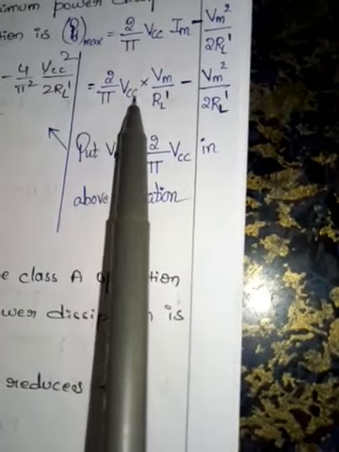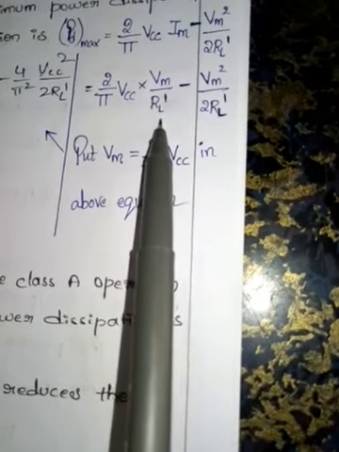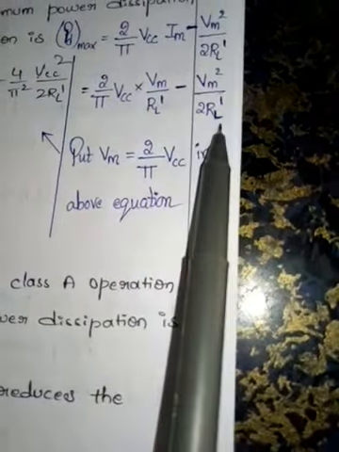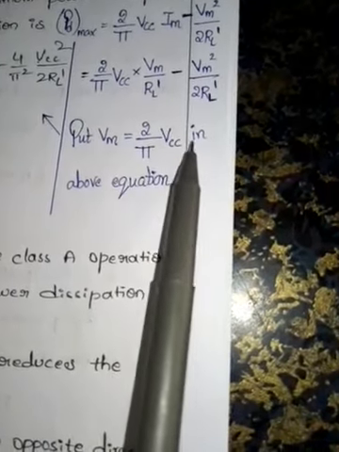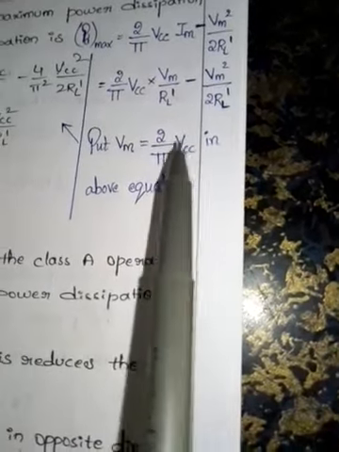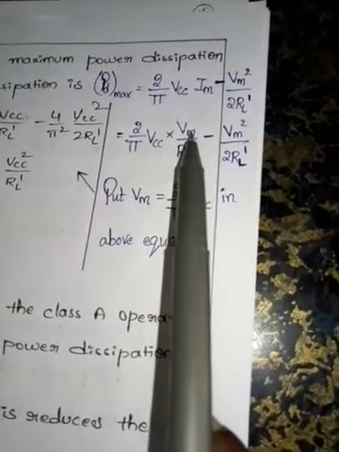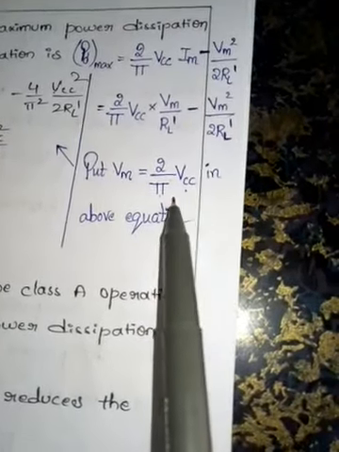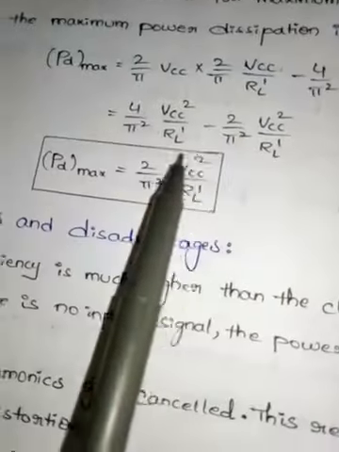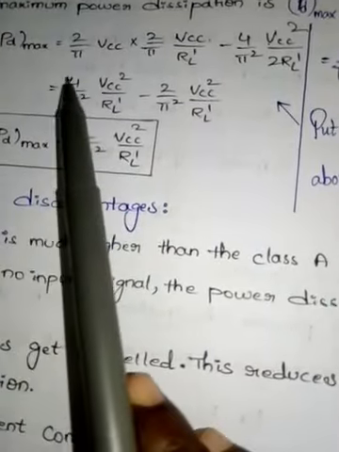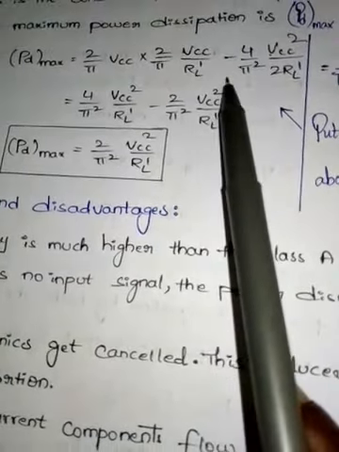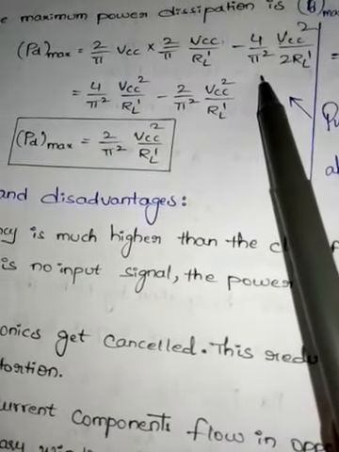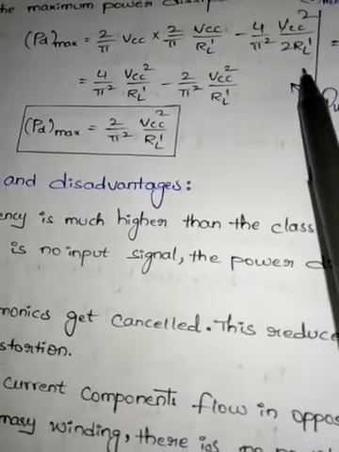So 2 by pi VCC into Vm by RL dash minus Vm square by 2 RL dash. Now we got Vm equals 2 by pi VCC, so we substitute 2 by pi VCC in the place of Vm. Then you will get PD max equals 2 by pi VCC into 2 by pi VCC by RL dash minus 4 by pi square VCC square by 2 RL dash.